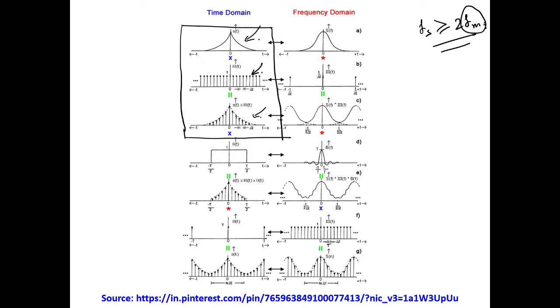Now, for this, what we had done, we had band limited the signal in the frequency domain. If you see the corresponding frequency domain signal, it should look like this. If you do the Fourier transform of this sampled signal, what is happening?